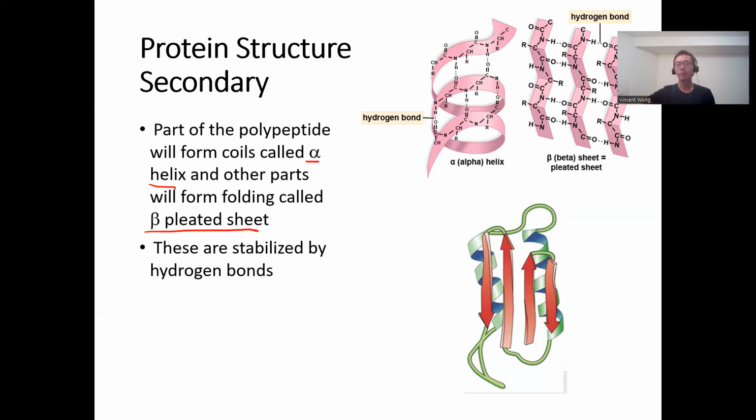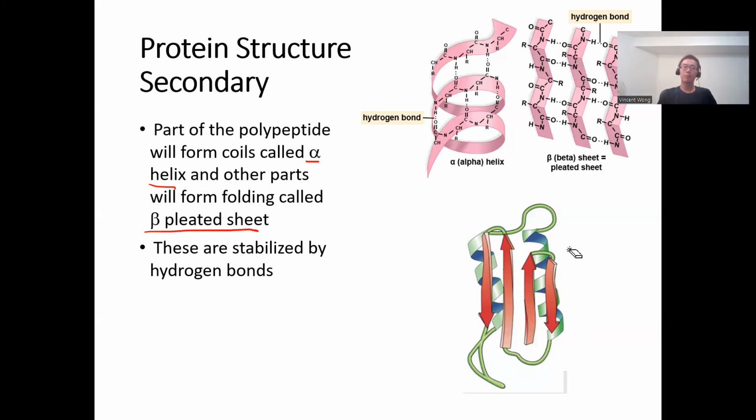The backbone is going to have some hydrogen bonds in it. We already learned about hydrogen bonds before, from the water molecule, and hydrogen bonds can exist in the backbone of a protein as well, and that will help stabilize these alpha helix or beta sheets.